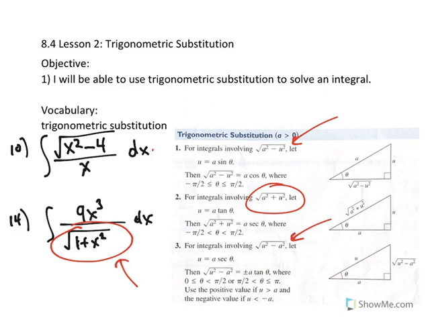Here we have the square root of the square of a constant plus the square of a variable expression. For number 14, we're going to use the trigonometric substitution that is stated as number 2 from our table. So now we will begin by looking at number 10.